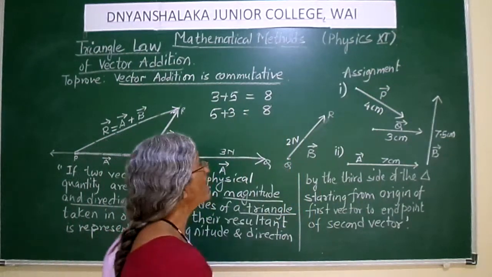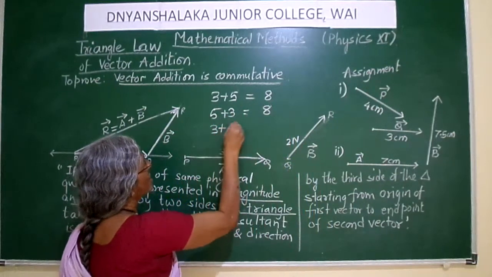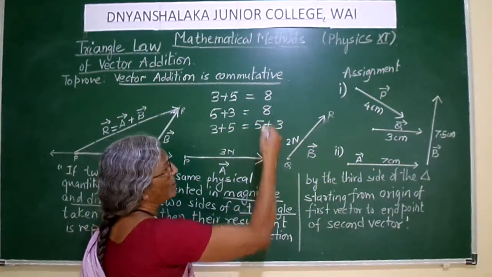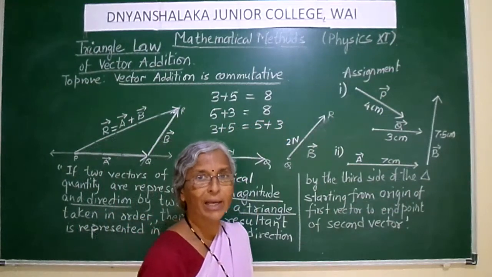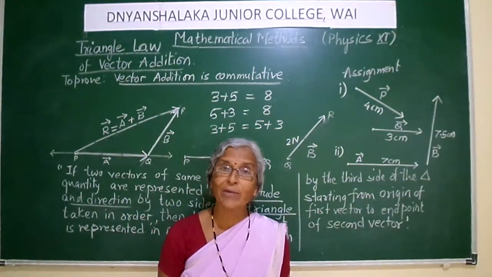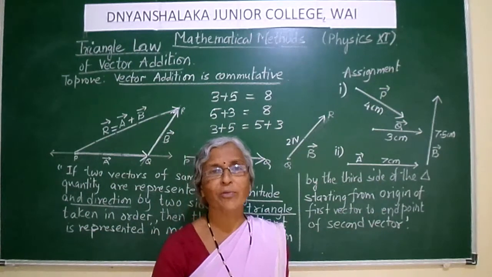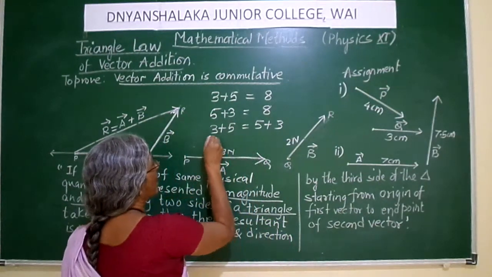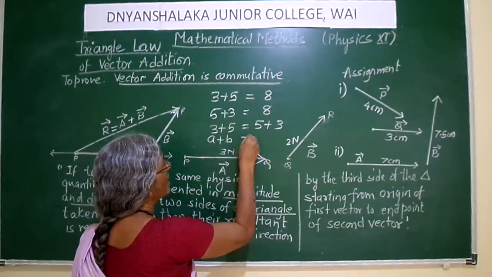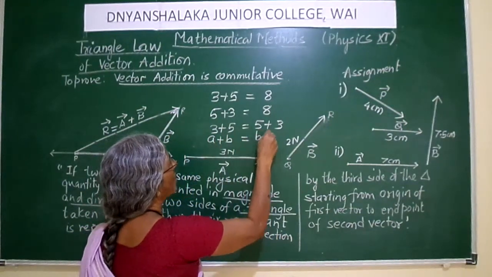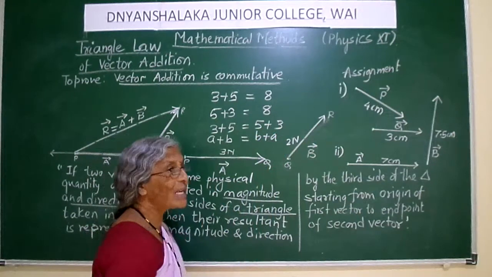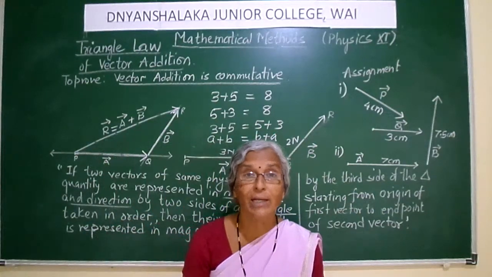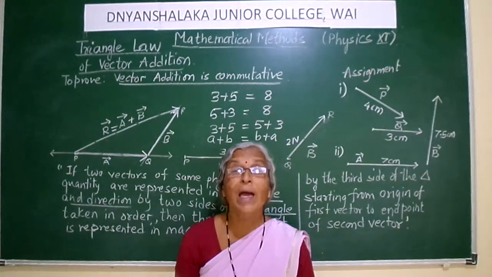So what can I say? 3 plus 5 is equal to 5 plus 3. Are you getting it? What is 3 plus 5? It is equal to 5 plus 3. That means when we are saying A plus B is equal to B plus A, then we say that addition is commutative.